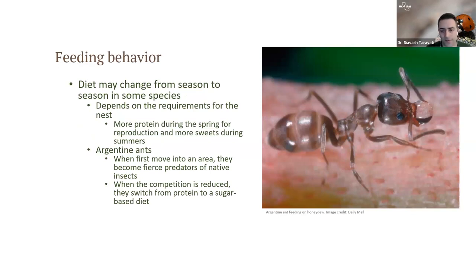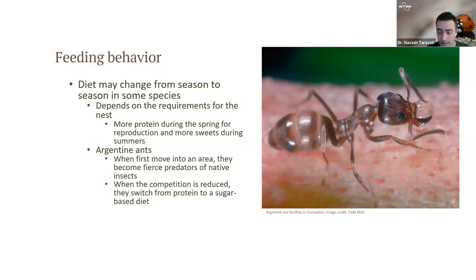The feeding behavior may change in some ants. In the spring, some ant species go mostly after protein-rich food because they're reproducing and have a lot of larvae to feed, and that requires a lot of protein. But when you go into the summertime, they switch to sweet stuff.